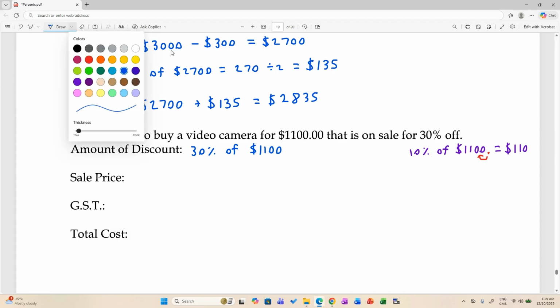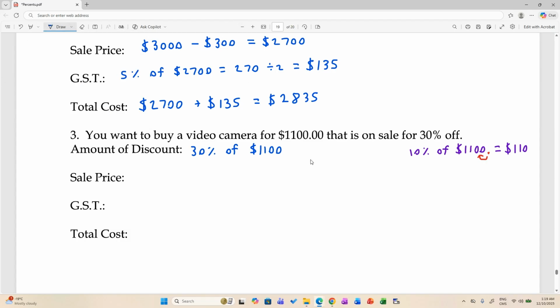Now, upon finding that answer, let's think about this. 30% compared to 10%. Wouldn't you guys agree that 30% is simply 10% plus 10% plus 10%?